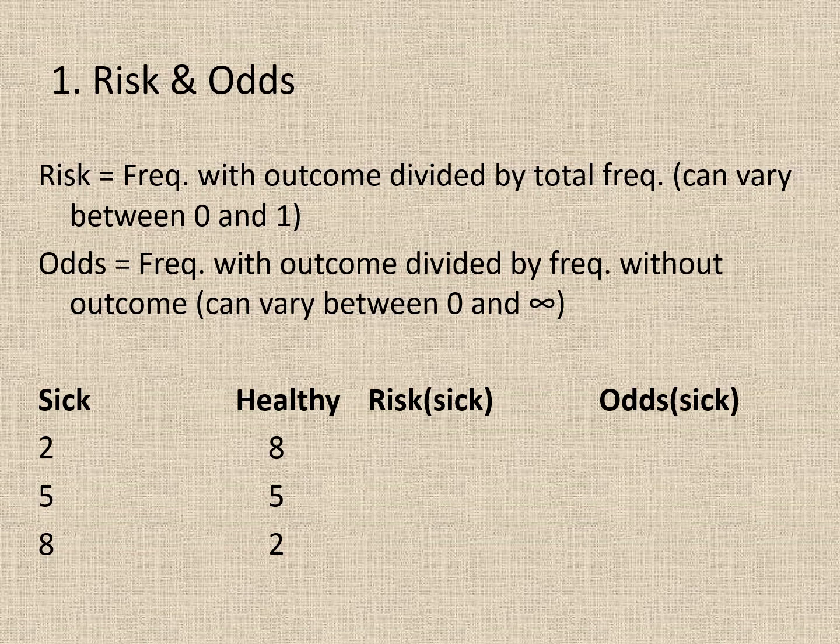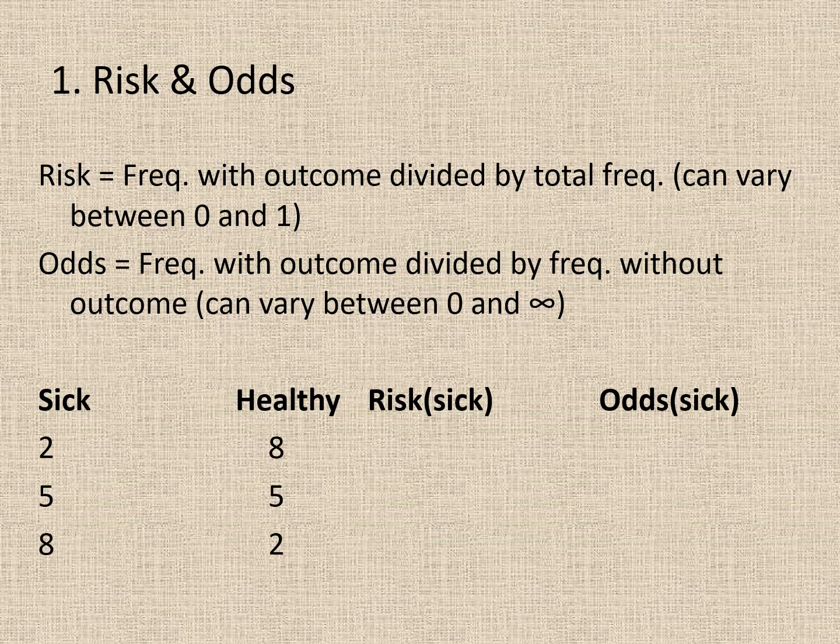So it could be said that odds is a ratio of probabilities. And the odds can vary between 0 and infinity. That's one of the reasons we sometimes prefer it before risk.